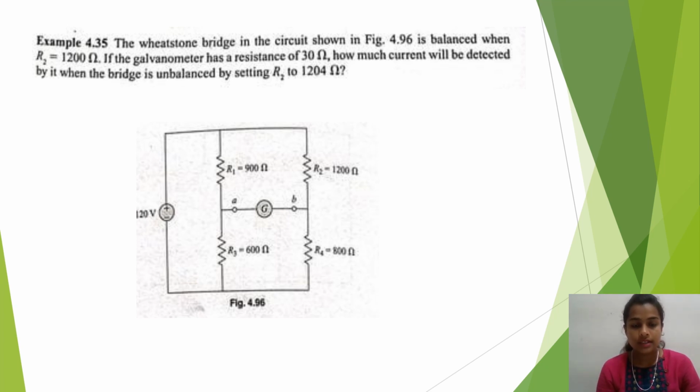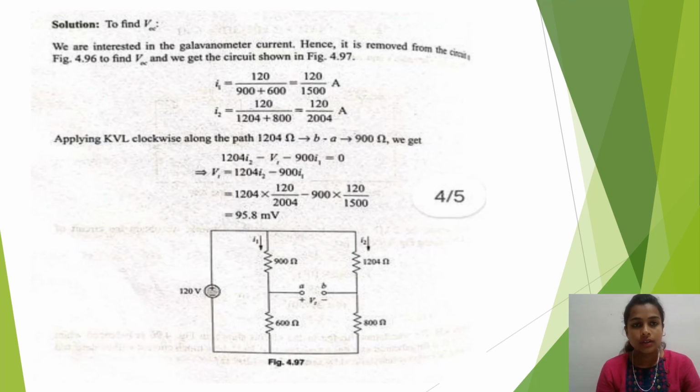It contains four resistors R1, R2, R3 and R4, where R1, R3 is parallel to R2 and R4, and it contains a galvanometer with two terminals A and B and a voltage source of 120 volt. We should find VOC.